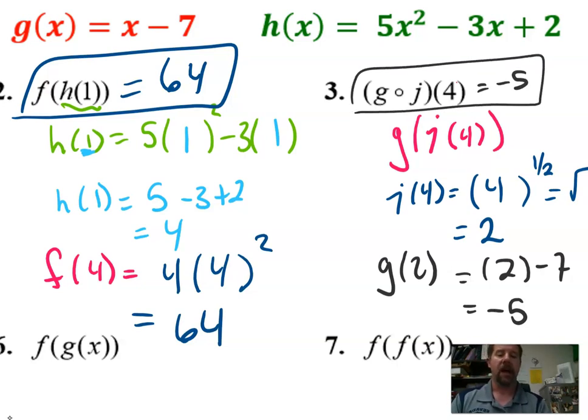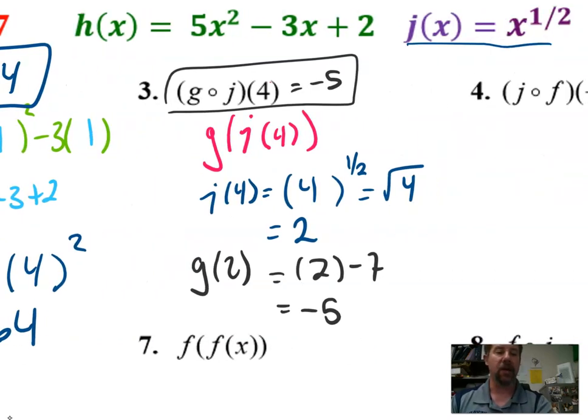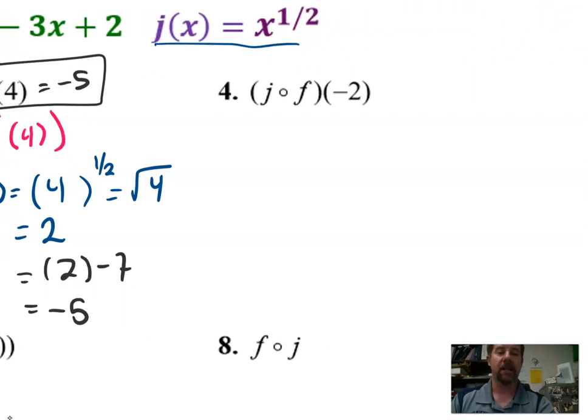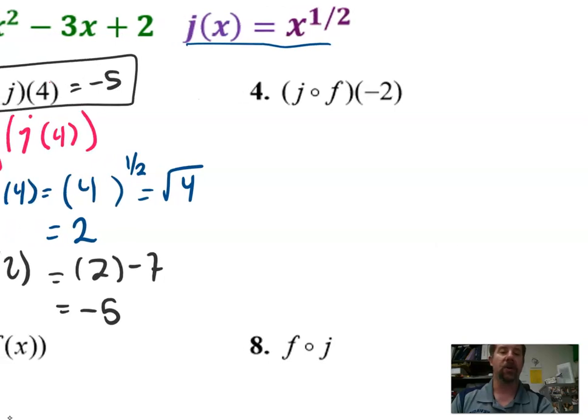All right? On your own now, what I'd like you to go and do, go try to find j open circle f of negative 2. j of f of negative 2. Hint, first step would be to rewrite it if you have not done so already.